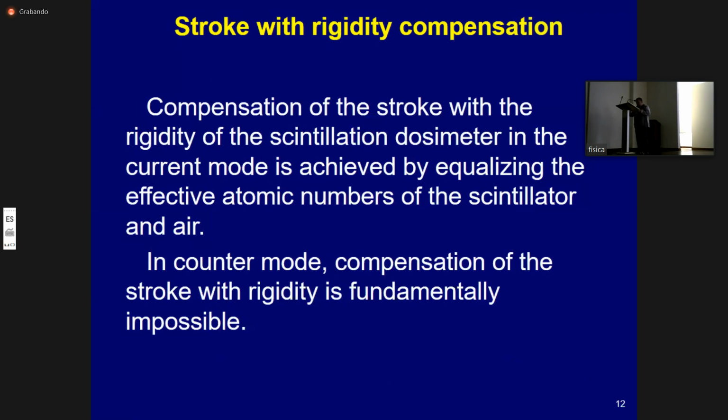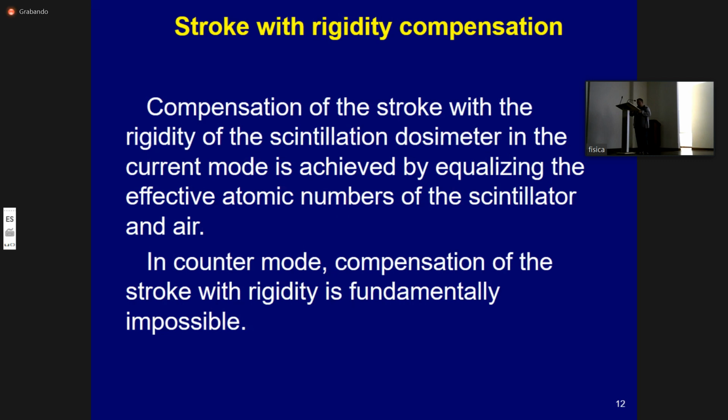Of particular interest is the use of scintillation detectors for dosimetry of gamma radiation. In the current mode, the dependence of the detector sensitivity in terms of dose rate on the energy of gamma radiation is determined by the composition of the scintillator.